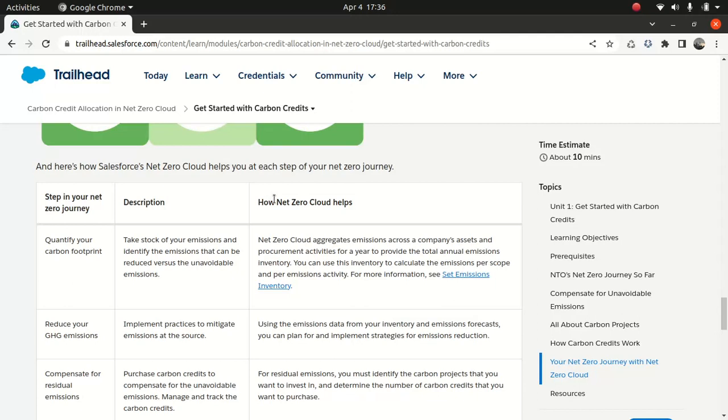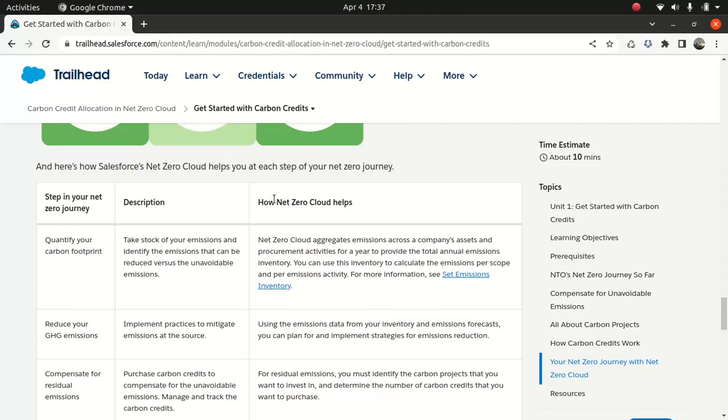Quantify your carbon footprint. Okay, what does that even mean? You need to do a stock take of your emissions and identify the emissions that can be avoided or reduced. Like I said, there might be a scenario where you have unavoidable emissions which you can't really reduce.